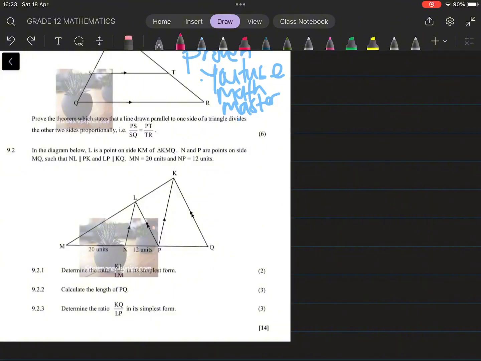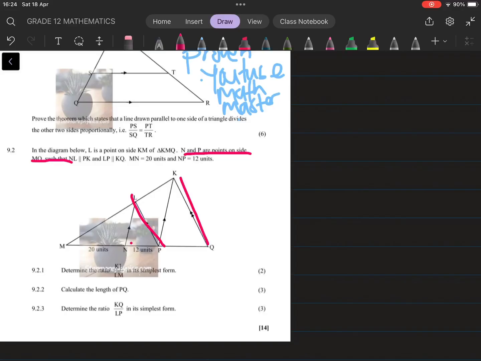Right, perfect. Then N and P are the points on the side MQ. We are further given that NL is parallel to PK, and again, that LP is parallel to KQ.